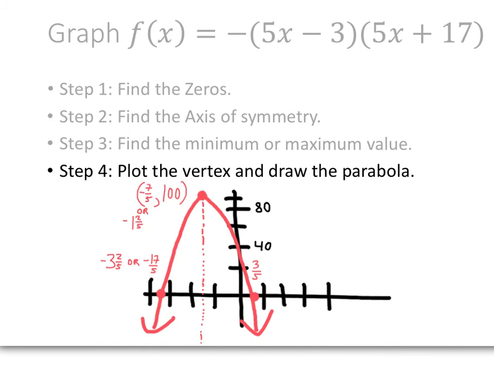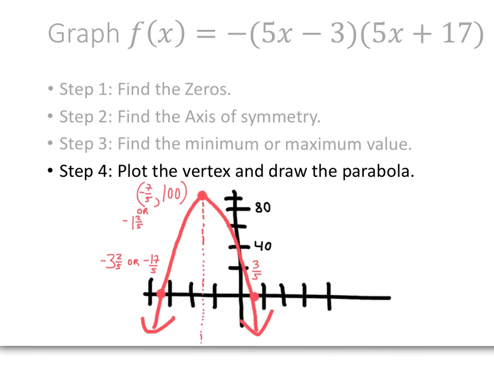So in summary, if the parabola is given to us in intercept or factored form, first I want to find the zeros using the zero product rule. Second, find the axis of symmetry, either visually or by adding up the two zeros and dividing the result by 2.